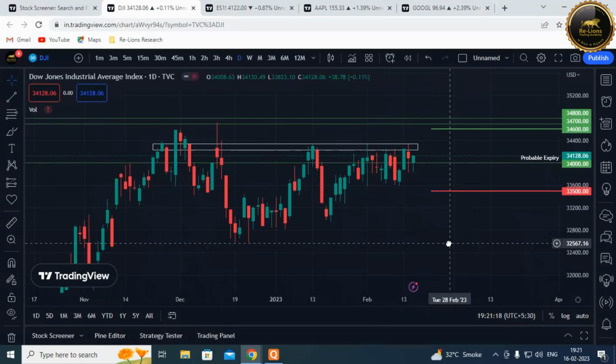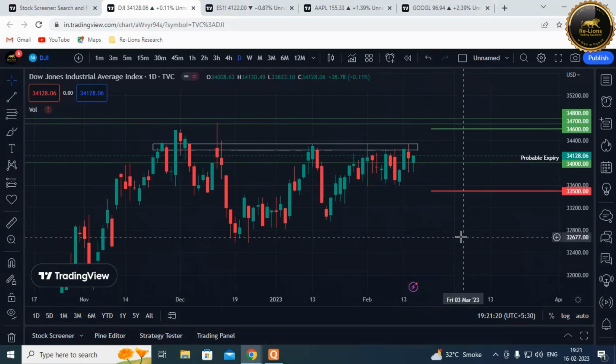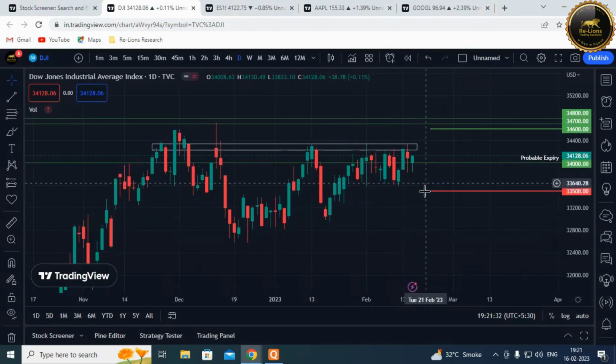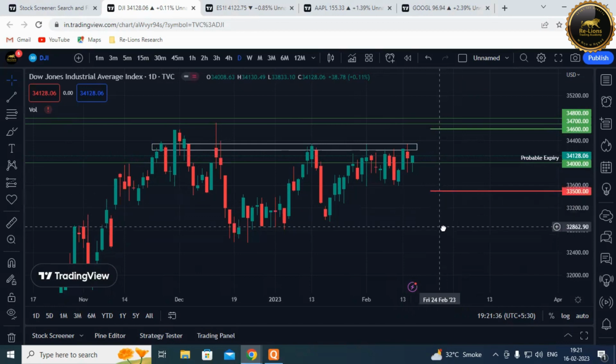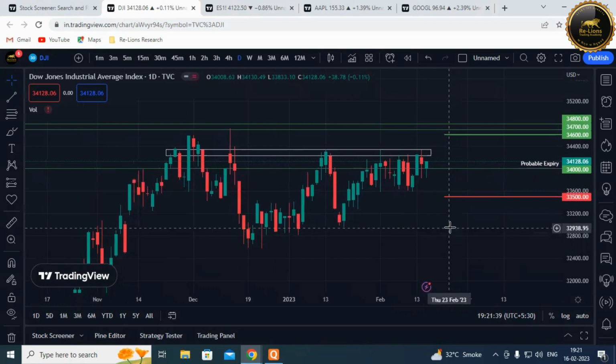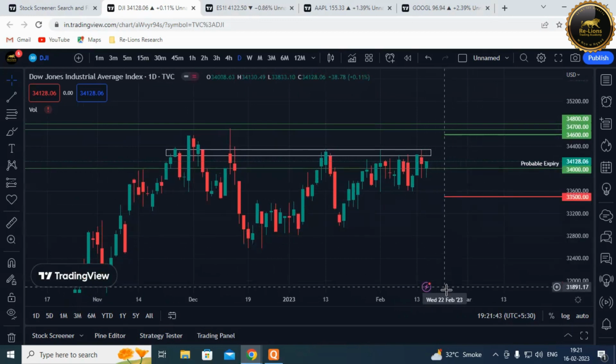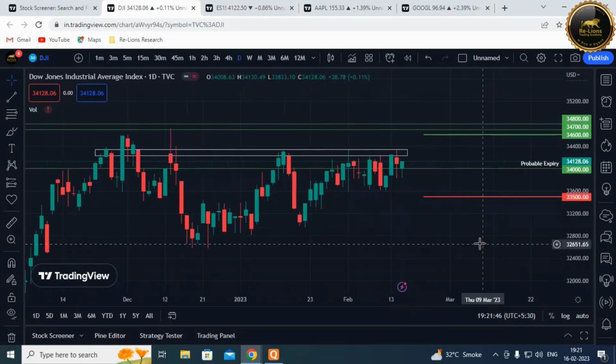And to my surprise, for tomorrow's expiry, that is on 17th, the probability, I'm sure it might not be achieved, but still the probability is that the price might come down as far as 33,500. Even if not 33,500, it will definitely come below 34,000 at least once.